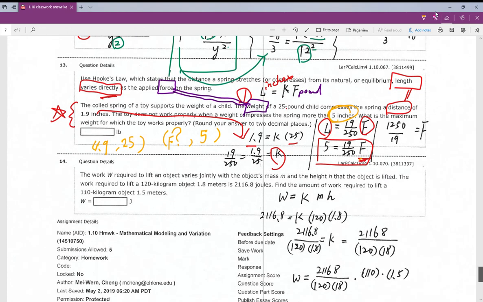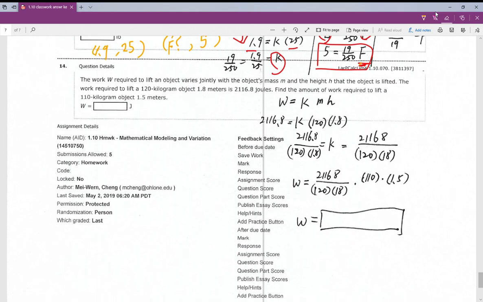And the very last question. This question, a work W varies jointly. Remember earlier I said jointly means directly.